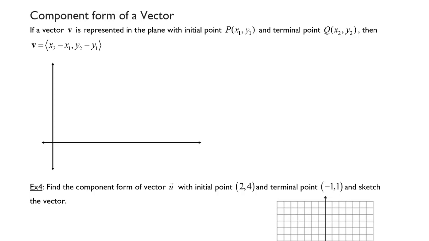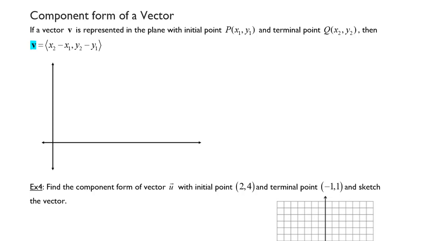If a vector v is represented in the plane with initial point P, where the point is x sub 1, y sub 1, and terminal point Q, where the point is x sub 2, y sub 2, then to find the vector in component form, we would say vector v, note it's now a bold V instead of a V with an arrow across the top. Just notation-wise, they're equivalent but have different uses.